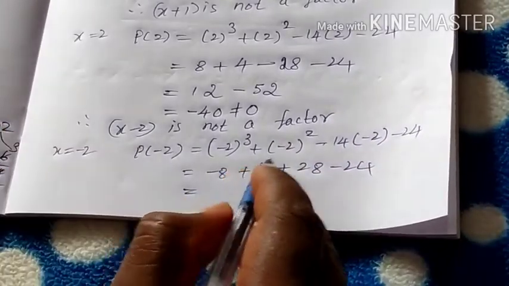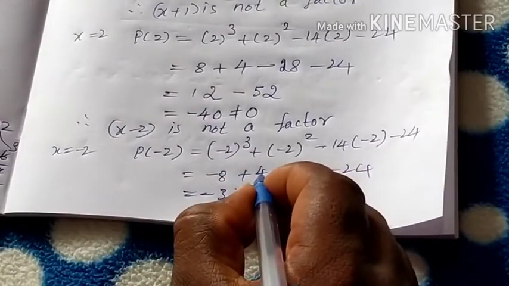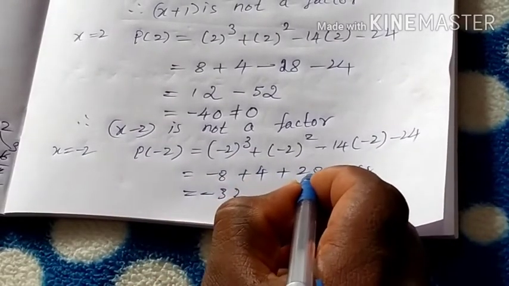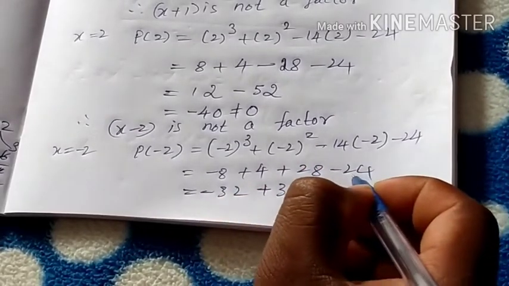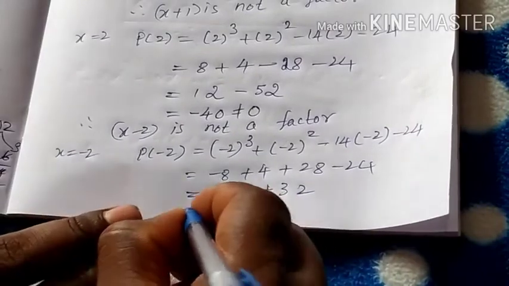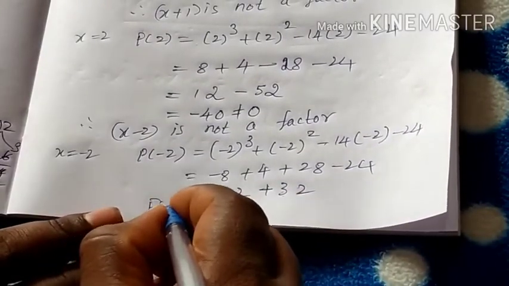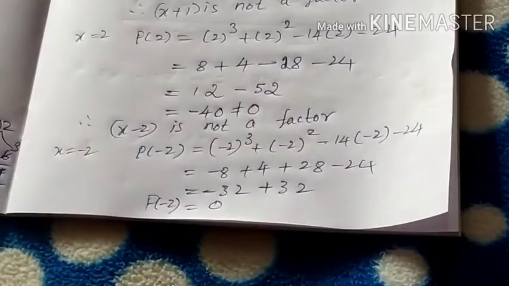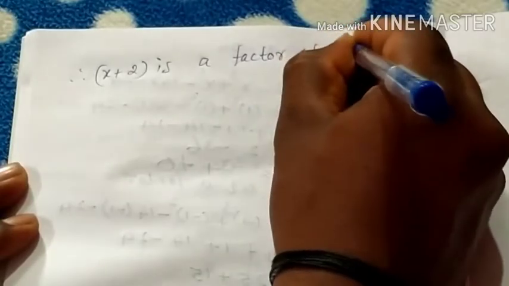Okay, minus 8 minus 24 totally minus 32, plus 4 plus 28 is plus 32. Which is equal to minus 32 plus 32, which is 0. Okay, P of minus 2 is 0. Therefore, x plus 2 is a factor of P of x.